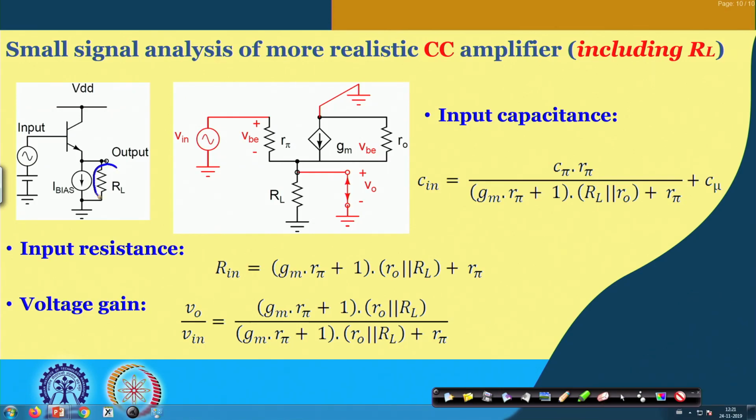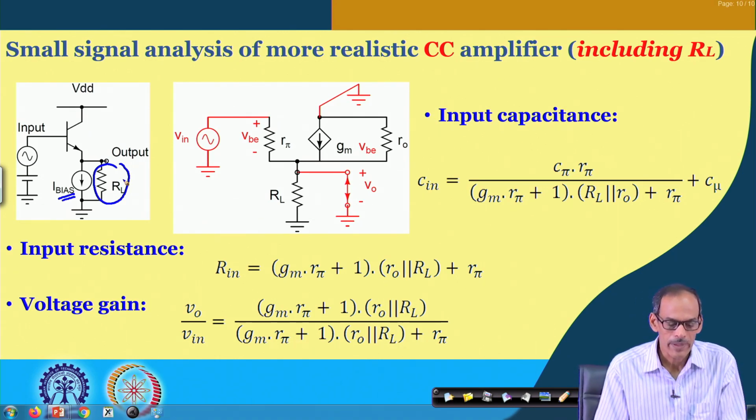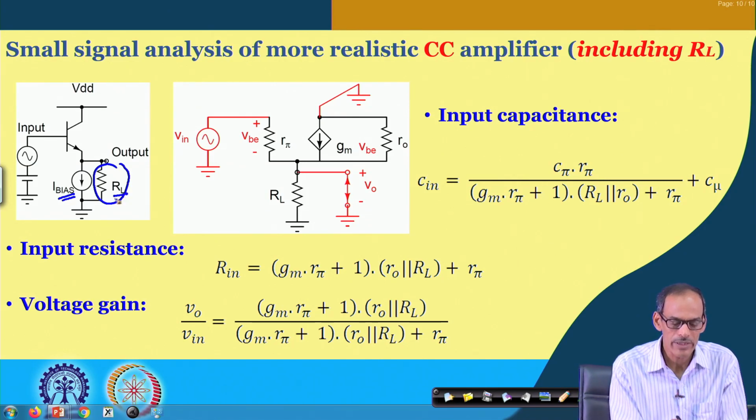This RL may be coming from the bias circuit, representing the finite conductance of the bias circuit, or maybe an additional load resistance we are connecting at the output node with respect to ground. Whatever it is, let us consider this RL in our analysis.